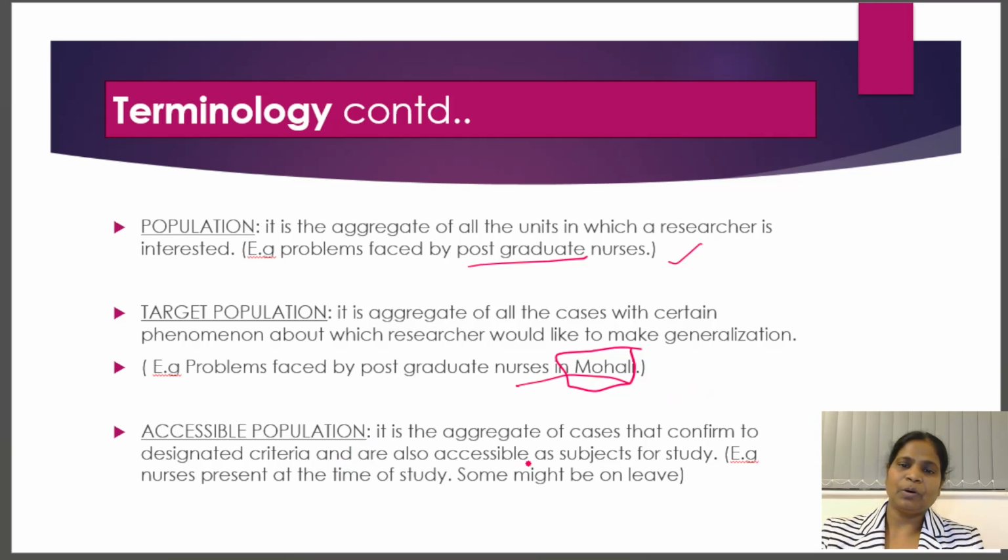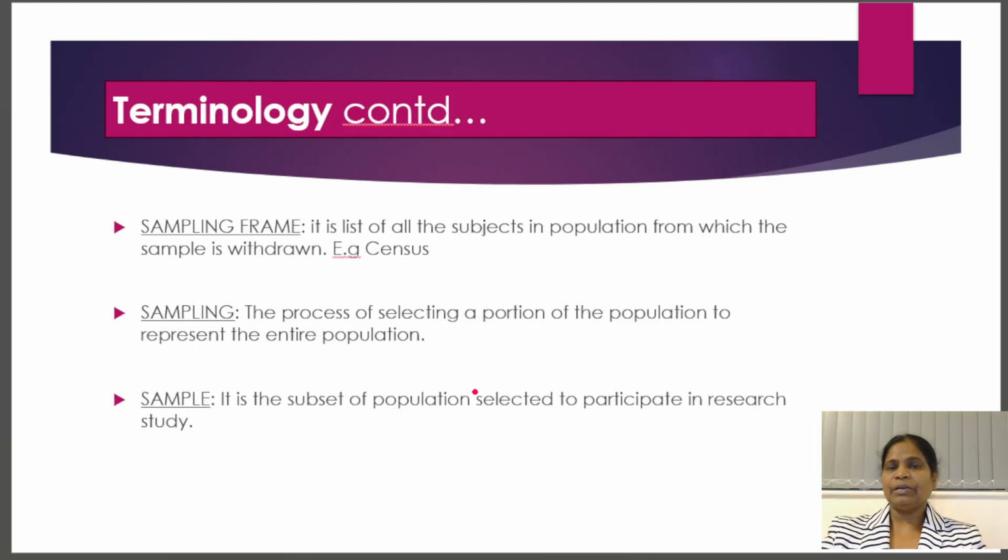Next, accessible population. There might be so many postgraduate nurses in Mohali, but the accessible population is the aggregate of cases that fulfill certain criteria, those subjects which are accessible, where the researcher can approach them and get them involved in the study. Next, coming to the sampling frame, I have said it is the list of all the subjects in the population from which the sample is drawn.